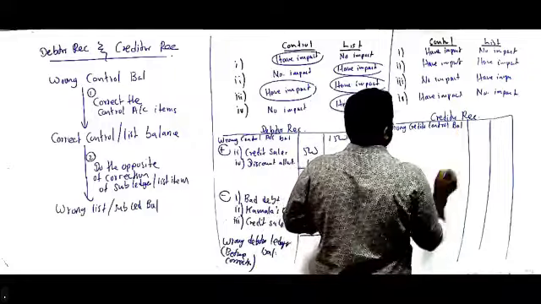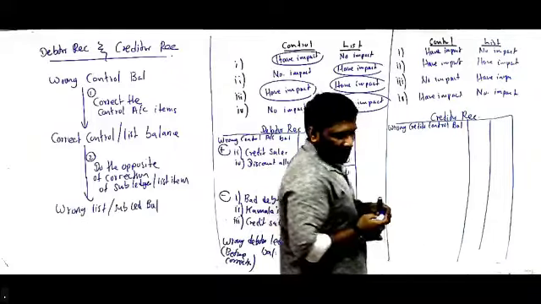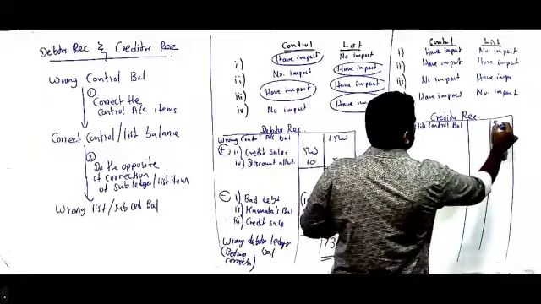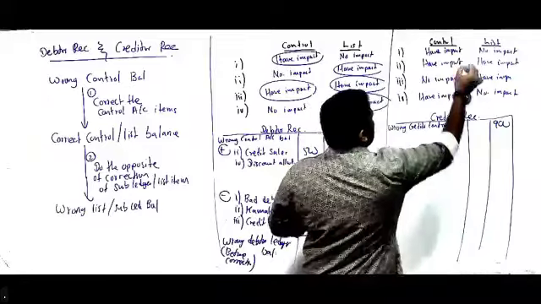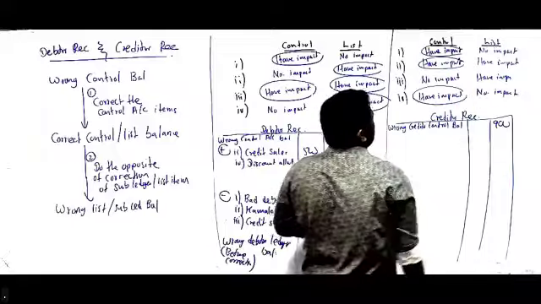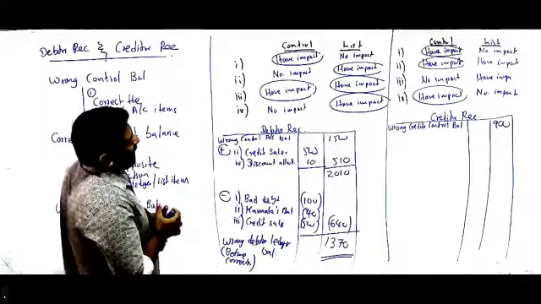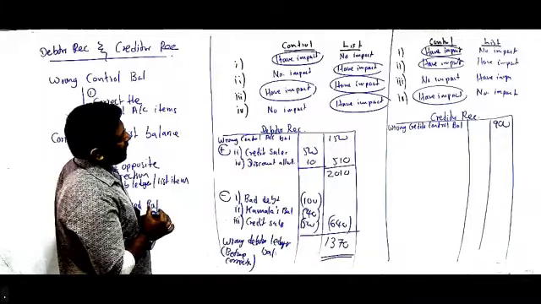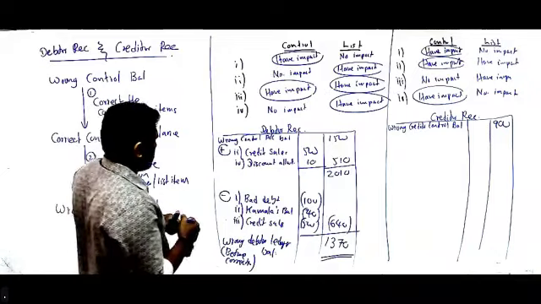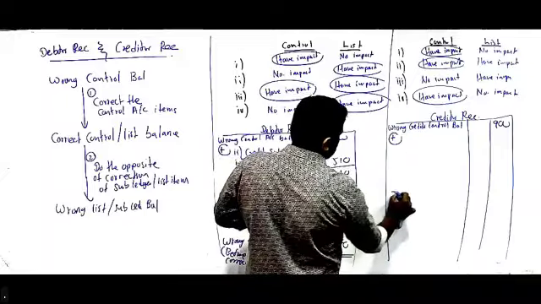They have given in the question how much that is: 900,000. So highlight this. First one, second one, third one. Put plus. Leave like 4 lines and put minus.